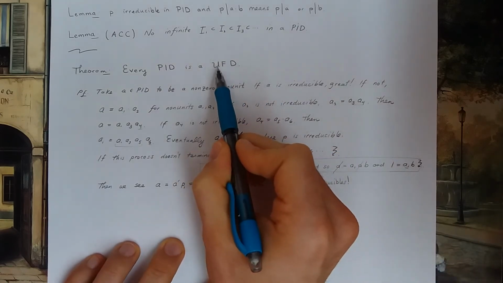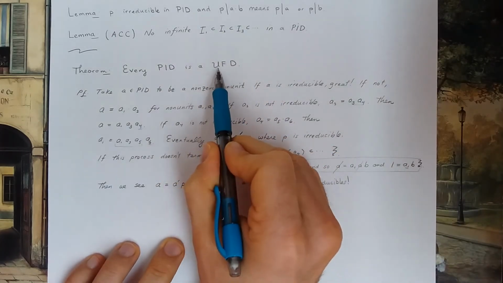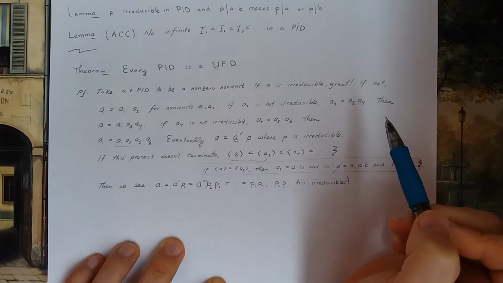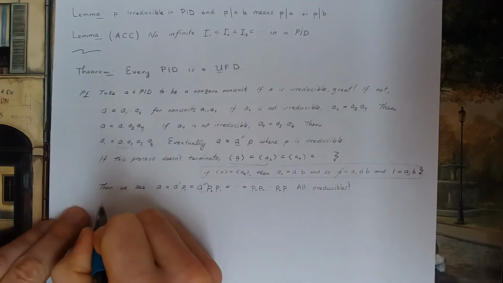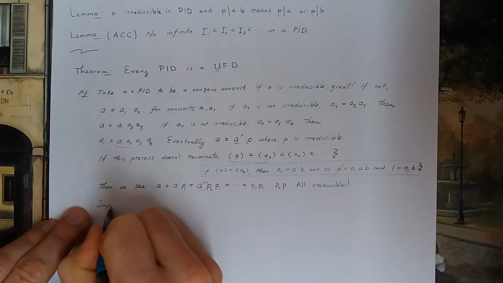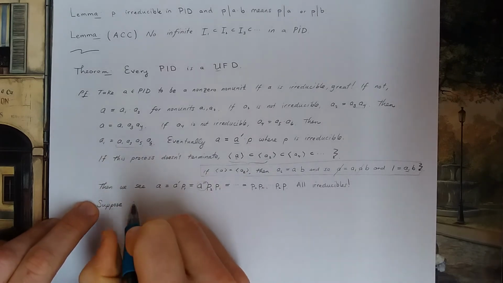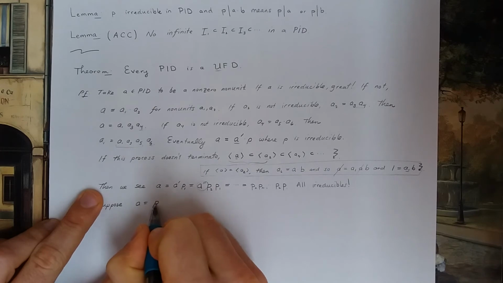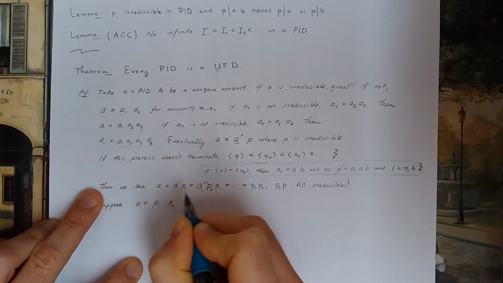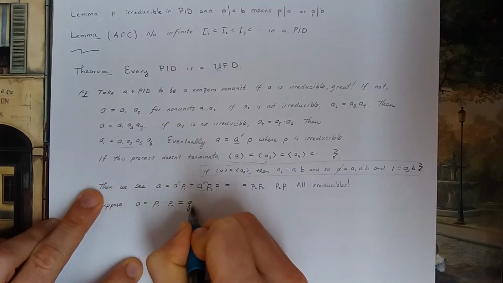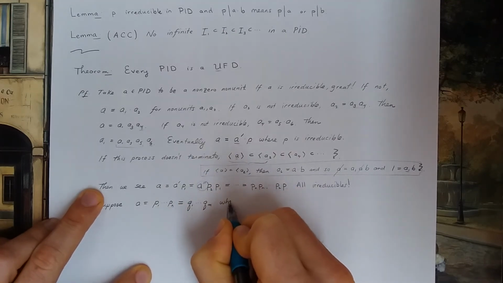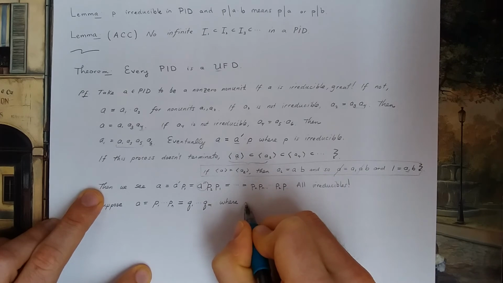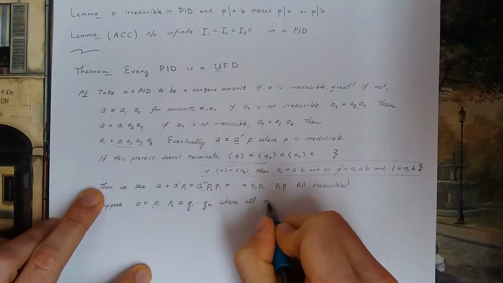But this is a unique factorization domain, meaning there's some sort of uniqueness property as well. So now suppose that A is a product P1 through Pn, but also Q1 through Qm, where everything is irreducible.